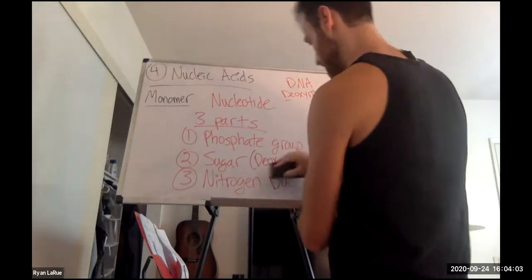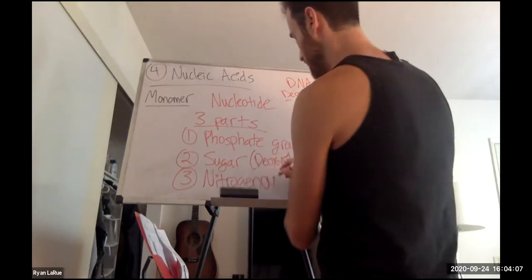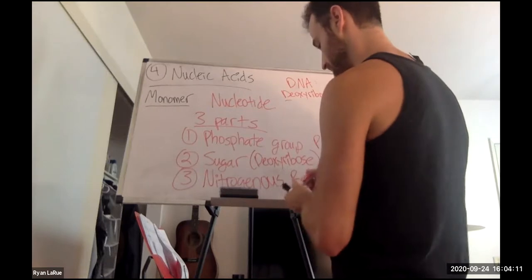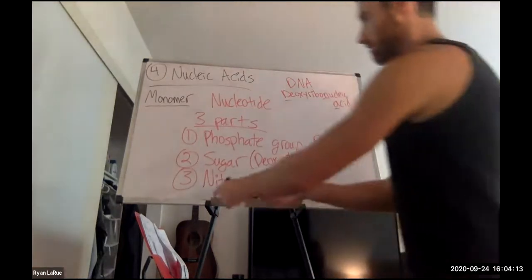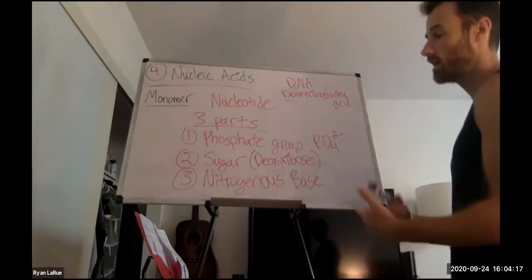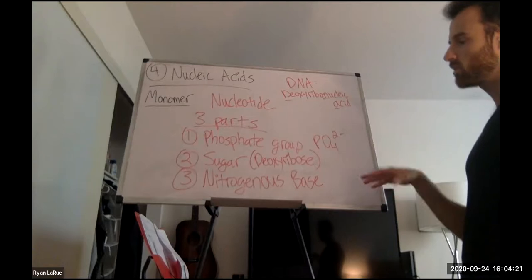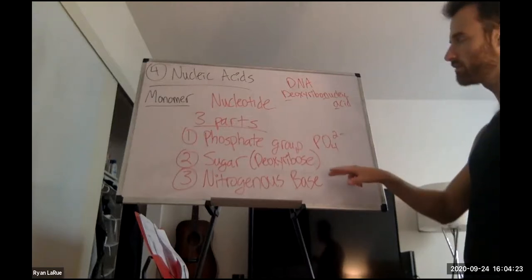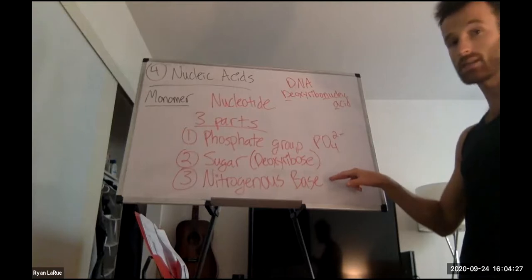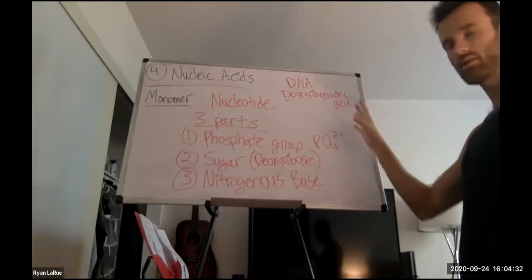We're using DNA as an example here because I want to show you that there are 4 different nitrogenous bases possible in a nucleotide of DNA.